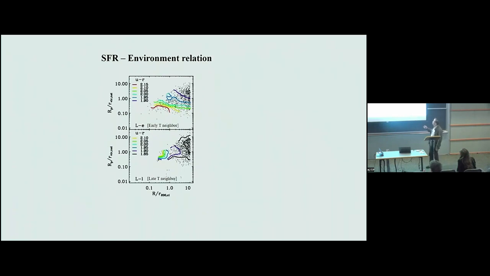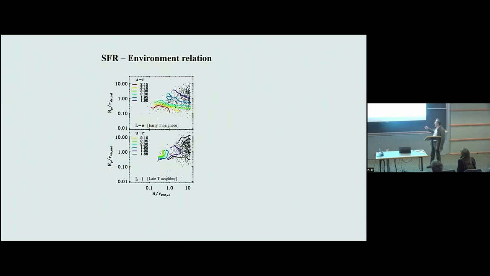Here the contours are more or less horizontal, even inside the cluster virial radius, which means it is really the nearest neighbor which is affecting the star formation activity of galaxies. So here are the cluster galaxies having an early type nearest neighbor, and here are the cluster late type galaxies having a late type nearest neighbor.